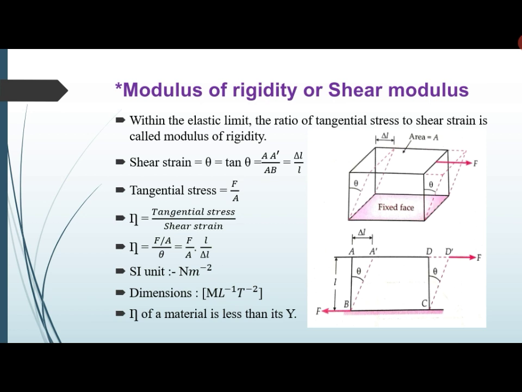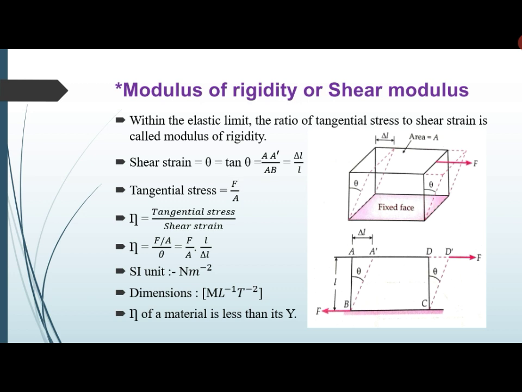In our day-to-day life, we say that substances or materials which stretch more are more elastic. But this is known as a misnomer, and the material which stretches to a lesser extent for a given load is considered to be more elastic in terms of physics.